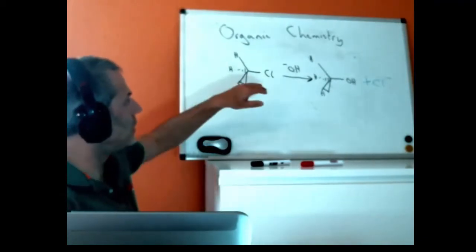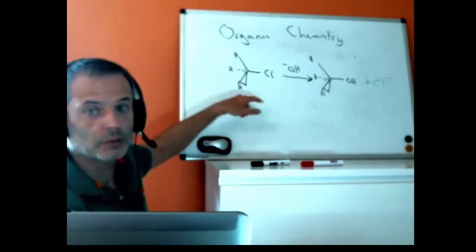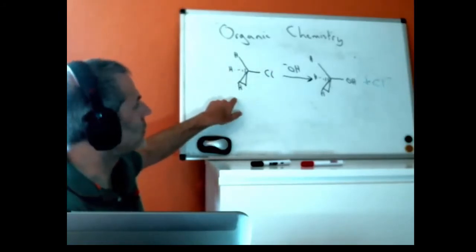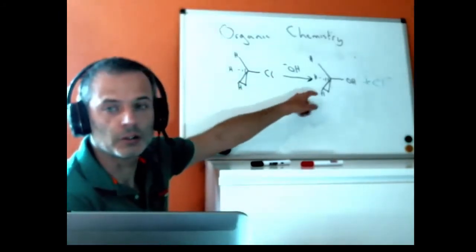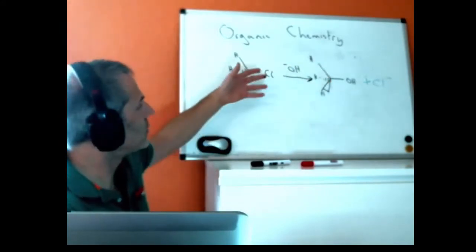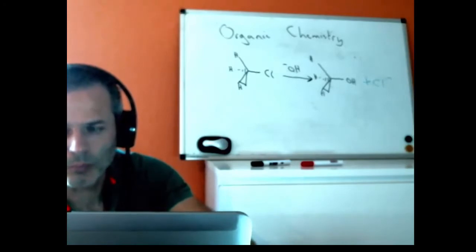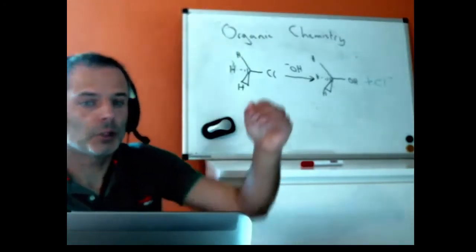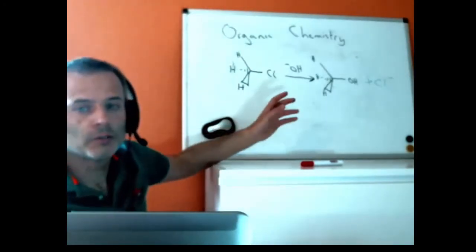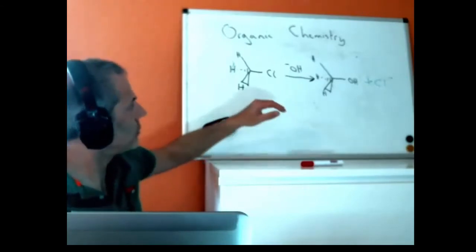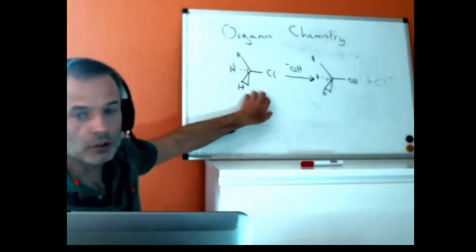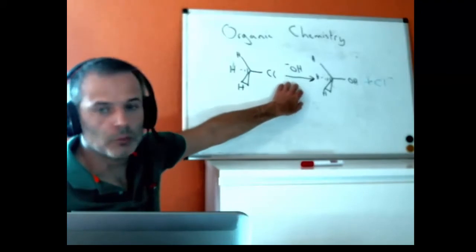Well, we're interested in how this happens, because we want to generate things that have a certain optical orientation. If we investigate this reaction, we can vary the concentration of the reagents, so we can have more methyl chloride, and we can have more hydroxide.